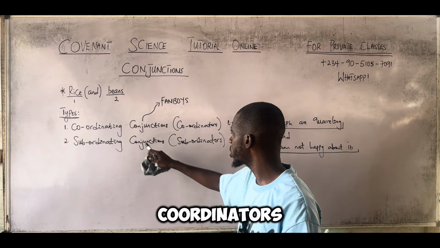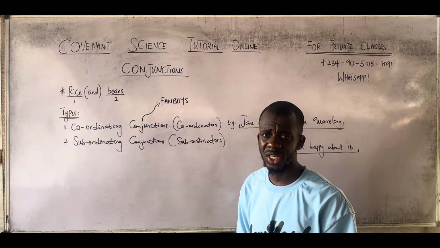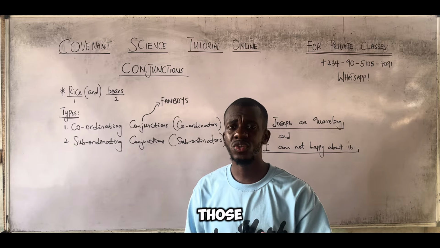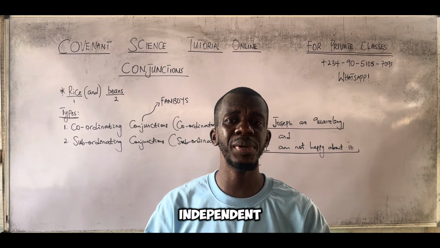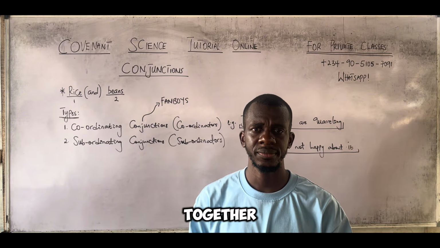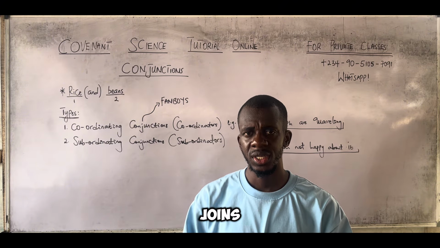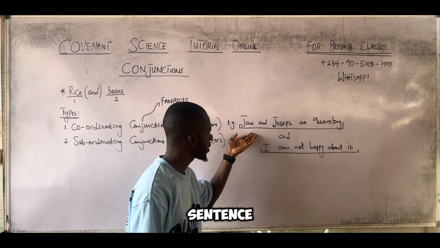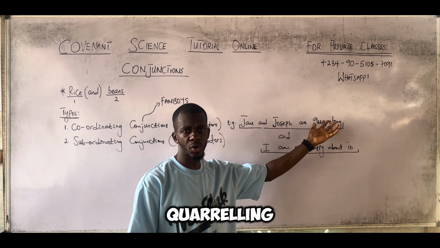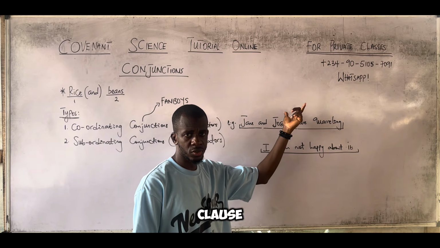So coordinators, otherwise known as coordinating conjunctions, are those conjunctions used to join two or more independent clauses together. Just as we see here in the sentence, Jane and Joseph are quarreling. This is an independent clause.